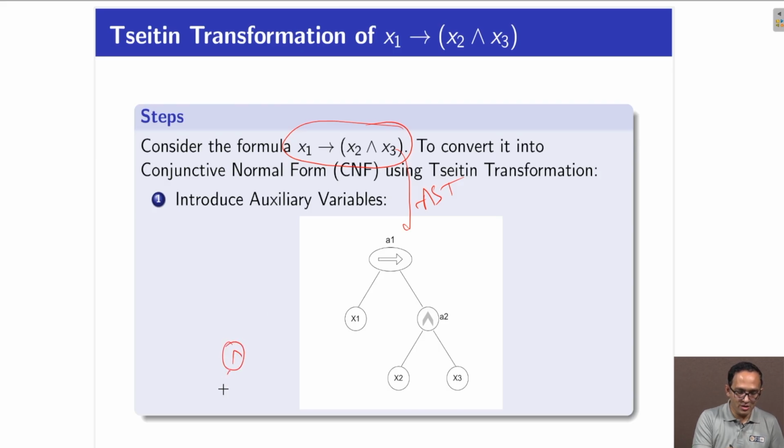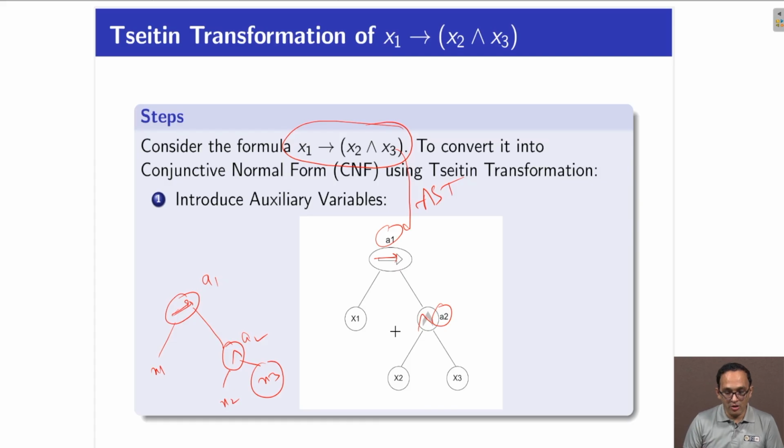I will create x2 and x3, and then I have an implication here, which is x1 implies this, right. So, this is my AST that I have constructed; this is the implication and this is AND. Given any formula I can construct this. Now, what do I do? I will create a new auxiliary variable for each such operator. I have two operators, implication and AND, so I will create two auxiliary variables A1 and A2, right, A1 and A2.